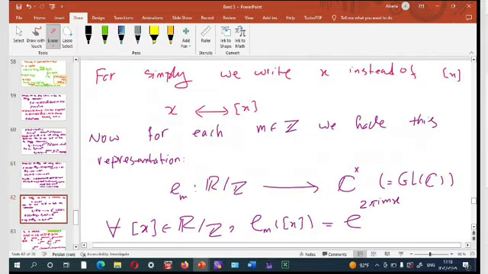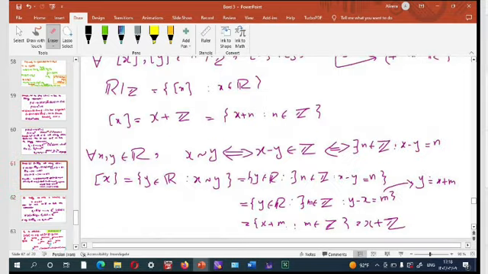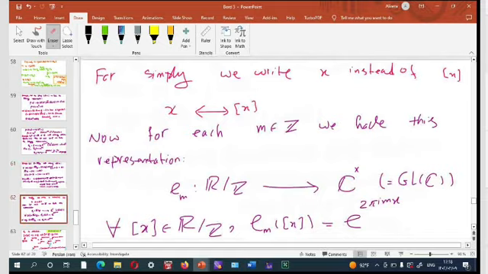For simplicity we write x instead of this class. In this quotient group, if we write x, we mean the class of x, or the equivalence class containing x.